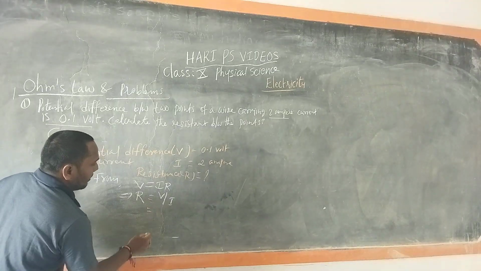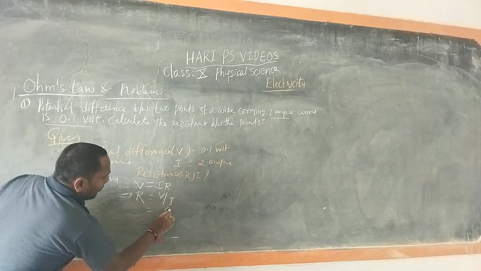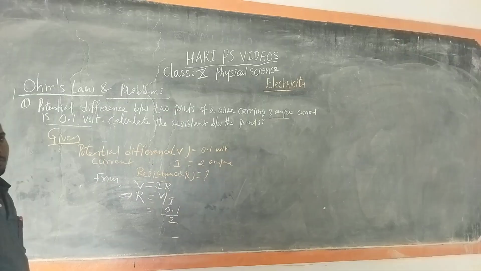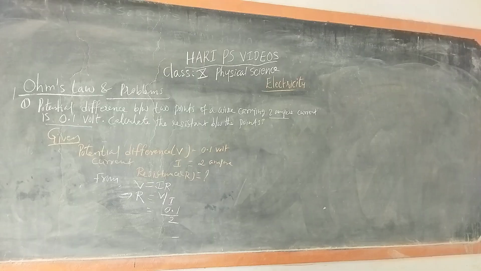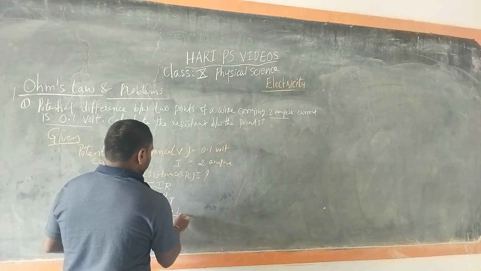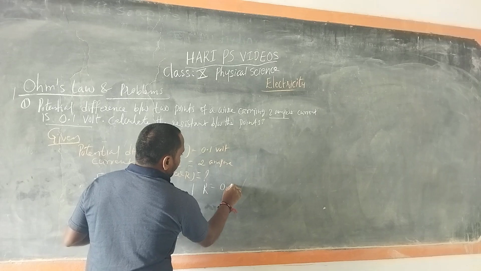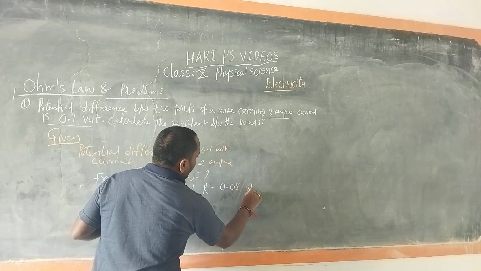Then substitute the values: 0.1 by 2 amperes. So R is equal to 0.05 ohms.